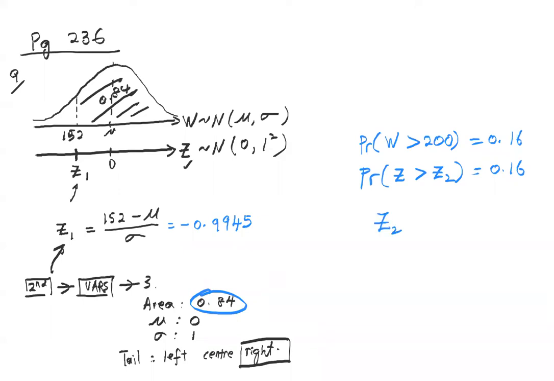Then you tell me what is your Z2. So my Z2 will be 200 minus the mean over the standard deviation. Okay, what is Z2? Please tell me the answer.